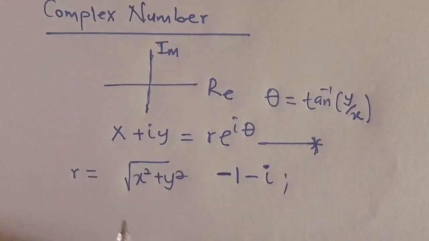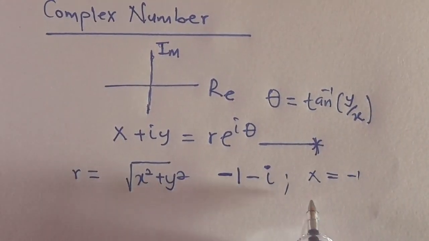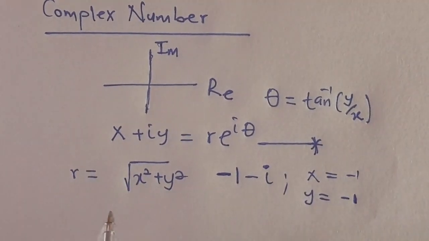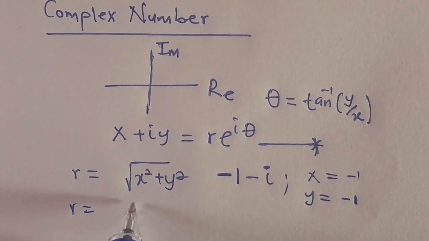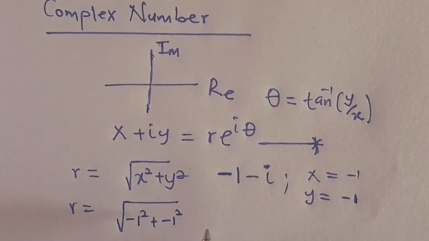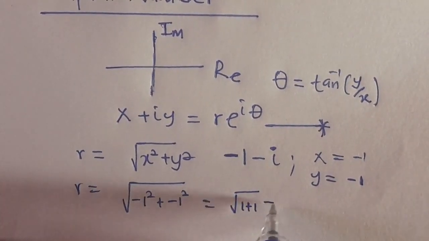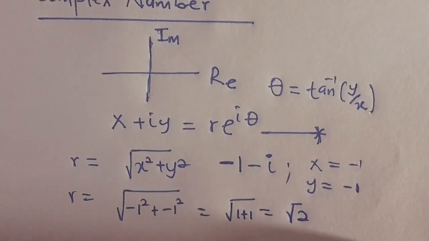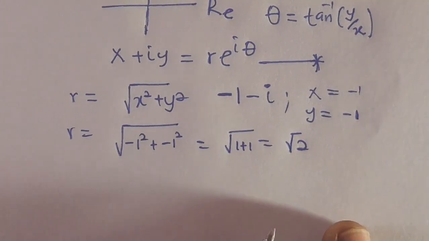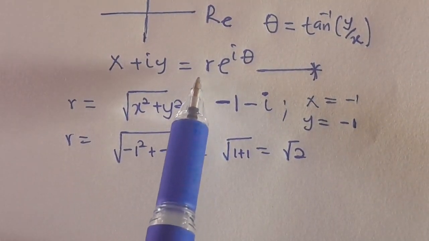So we have x equals minus 1 and y equals minus 1, which implies that r equals the square root of minus 1 squared plus minus 1 squared, which gives the square root of 1 plus 1, which equals root 2.